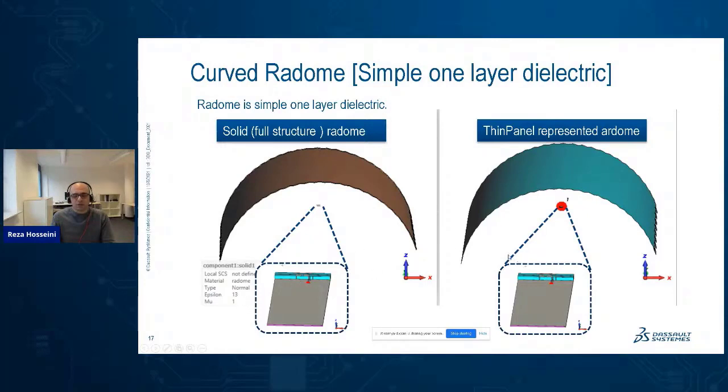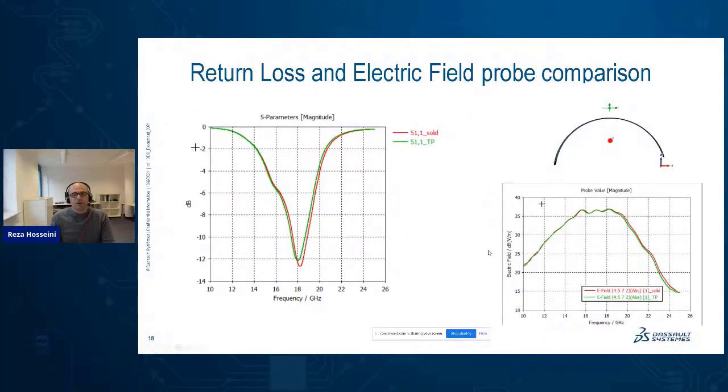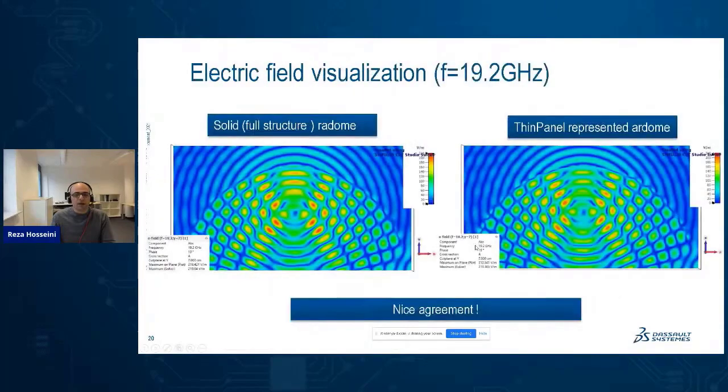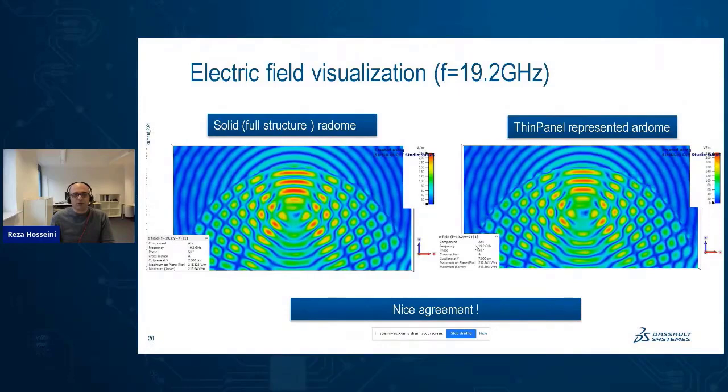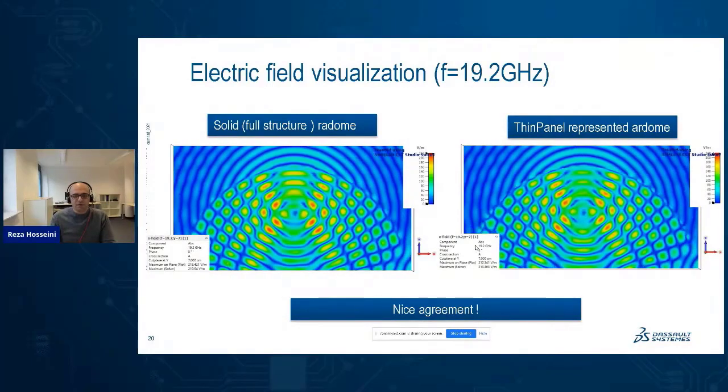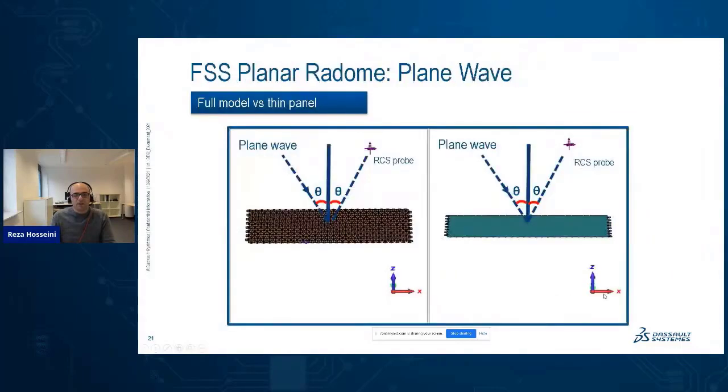So I expect everything to be okay, and we can see that the return loss and the electric field probes are pretty much the same. The far field is also pretty much the same, and the field visualization at 19.2, a similar frequency, exhibits the same behavior. So far so good.